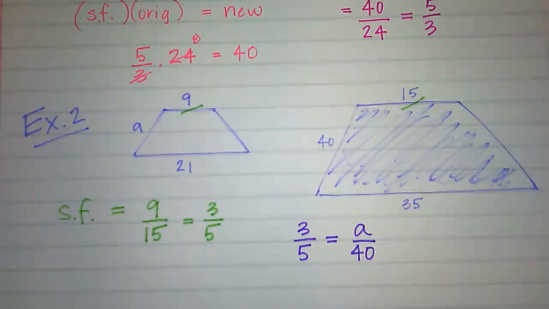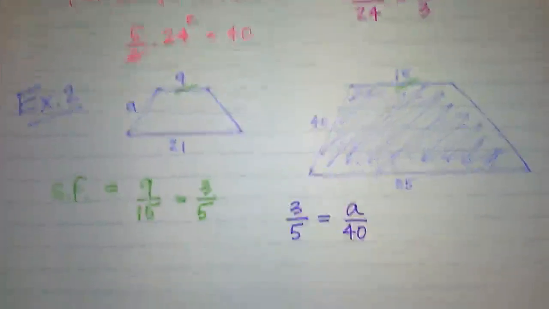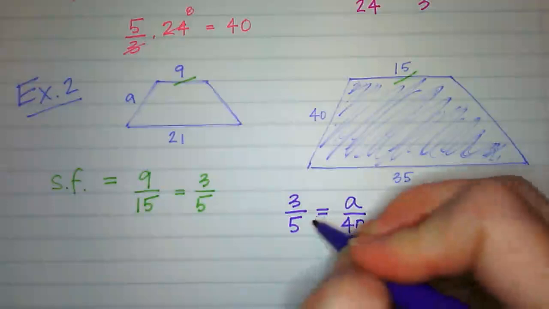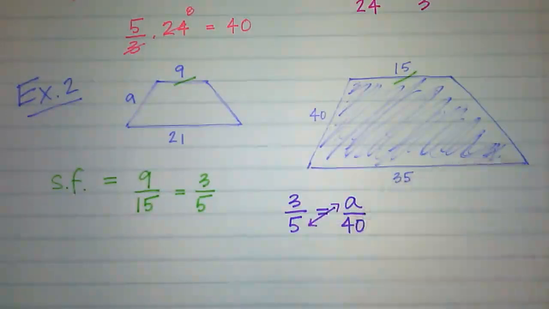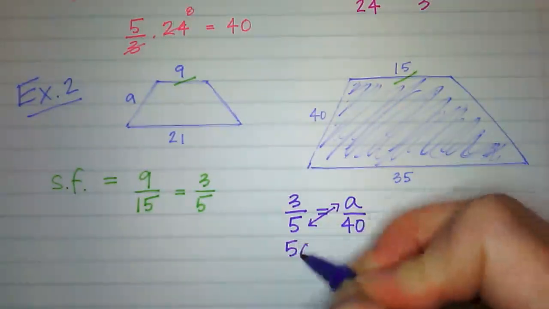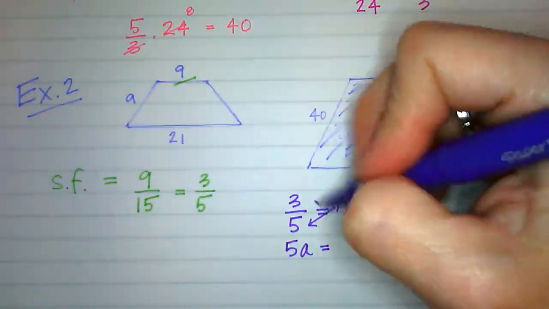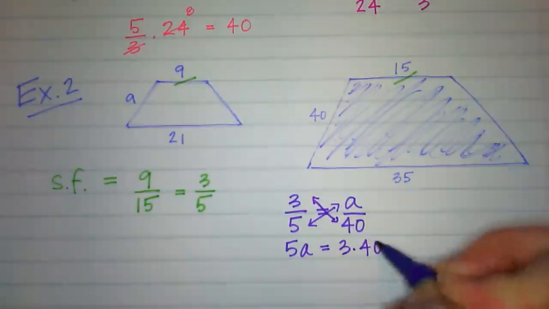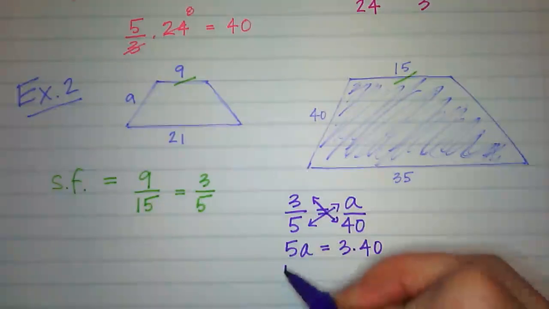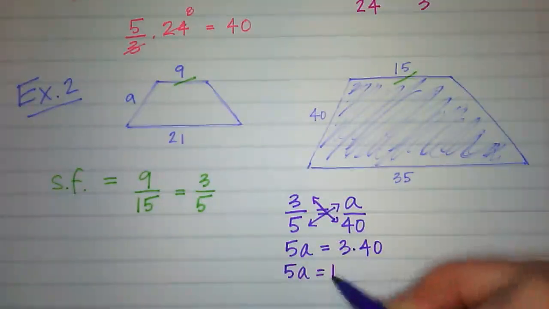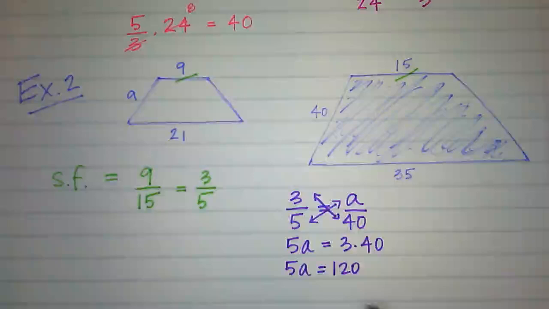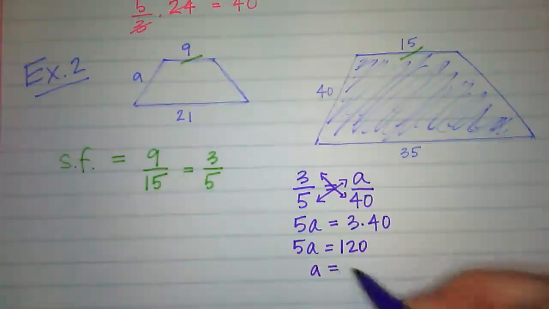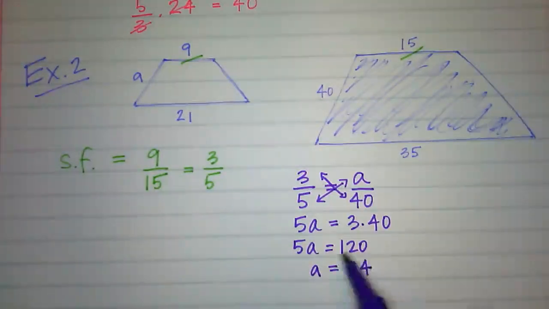But again, to show you a method that works every single time, what I'm going to do is multiply the diagonals together. So 5 times A is going to equal 3 times 40, which basically means that 5A is 120. Divide both sides by 5, and I find that A is 24.